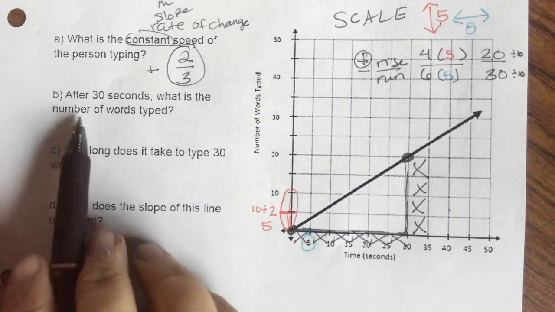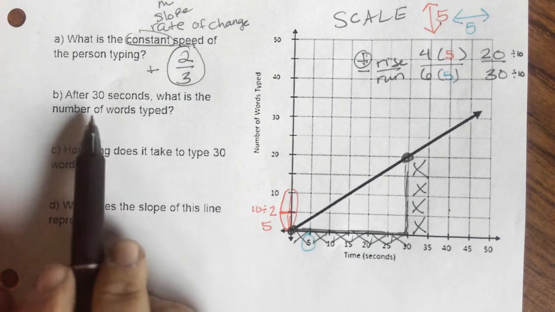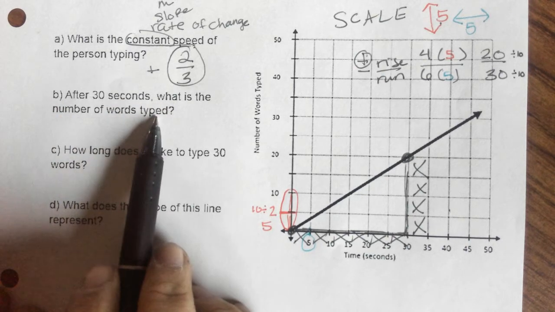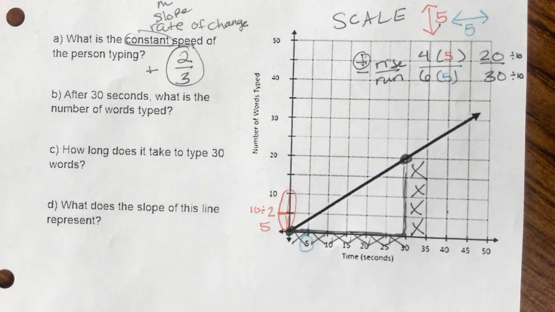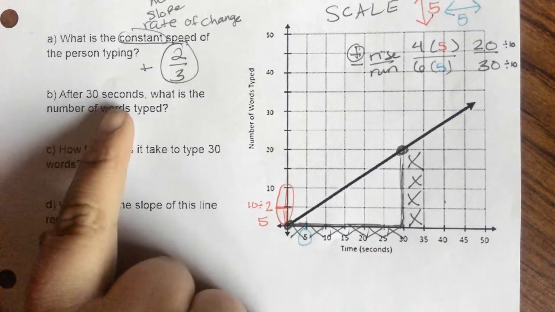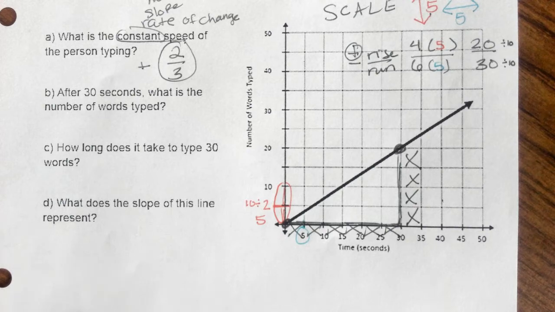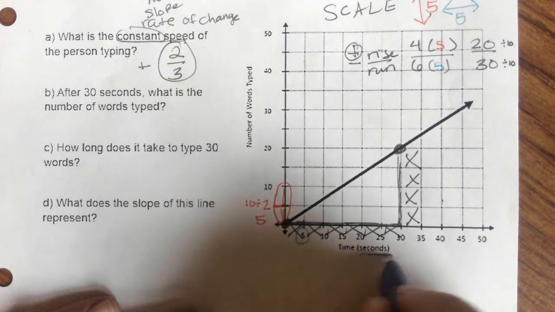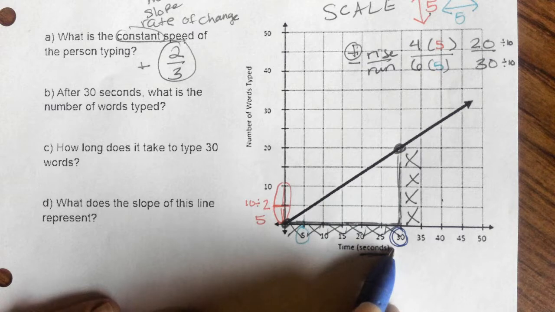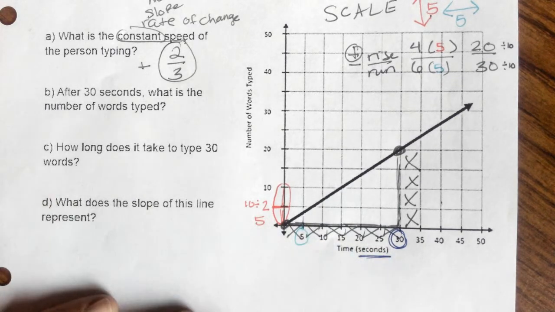Okay. After 30 seconds, I'm looking at the second question. After 30 seconds, what is the number of words typed? So they're asking us about something on the x-axis after 30 seconds. So here's seconds. There's the number 30. So I want to know how many words are typed.